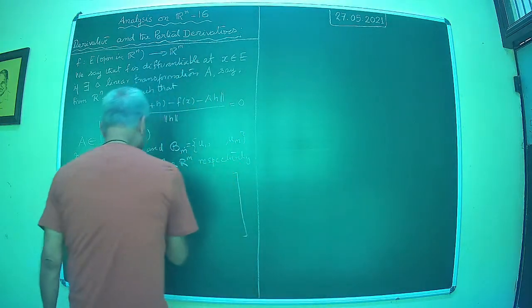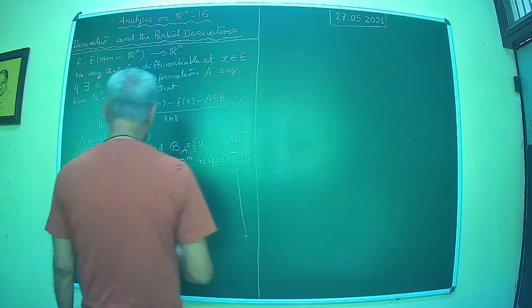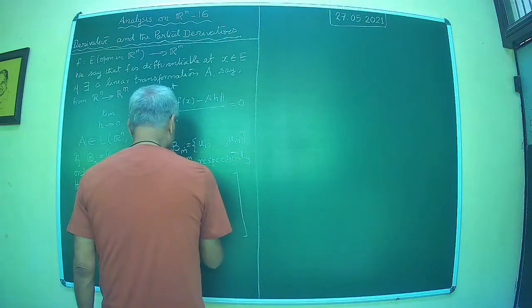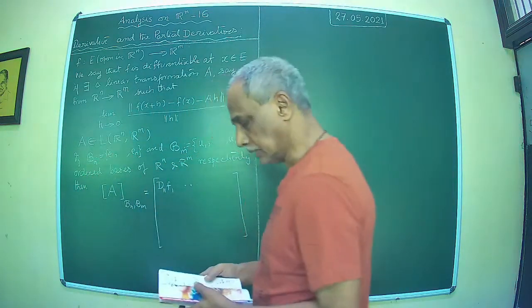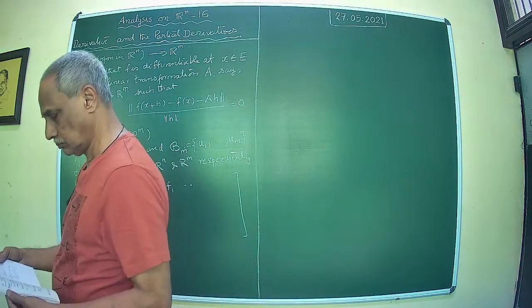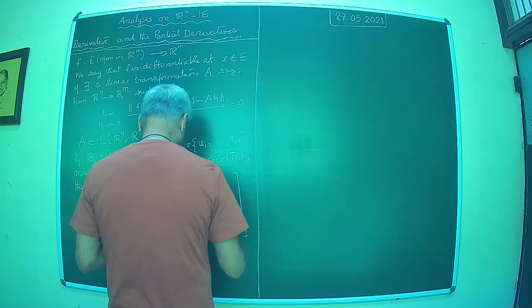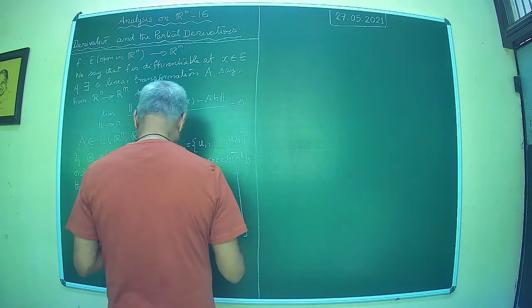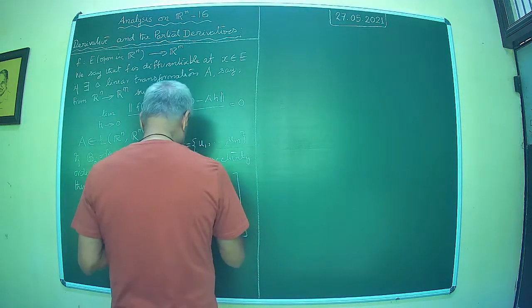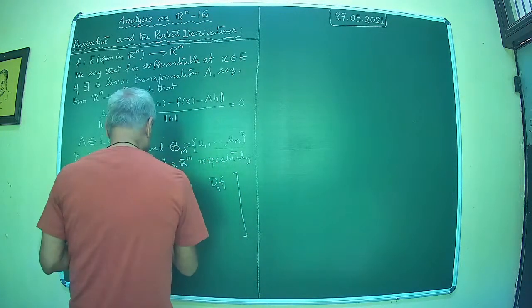That is, you have d1 f1 etc. dn f1 and so on.